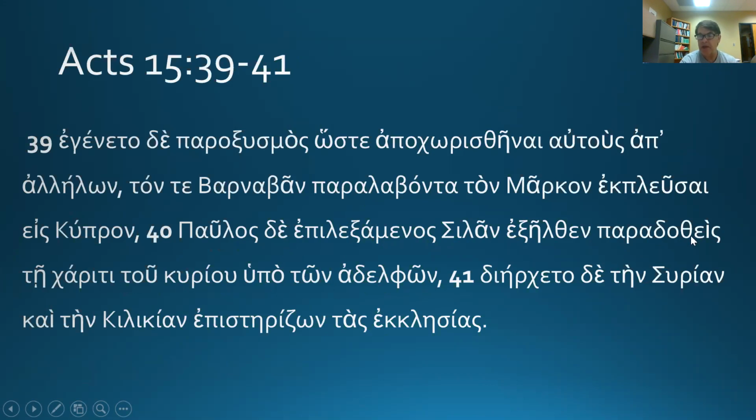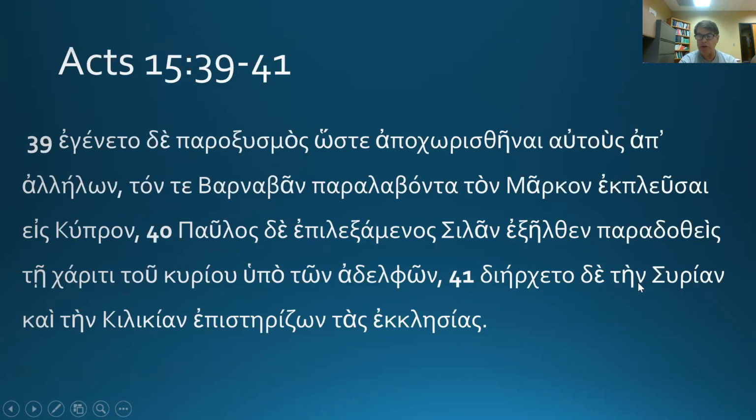So this theta epsilon, I'm thinking aorist passive. And I've memorized this as an aorist passive participle, nominative masculine singular. And it's from didomi, so it's paradidomi. So it's an aorist passive participle, nominative masculine singular from paradidomi, having been handed over to the grace of the Lord by their brothers, verse 41.